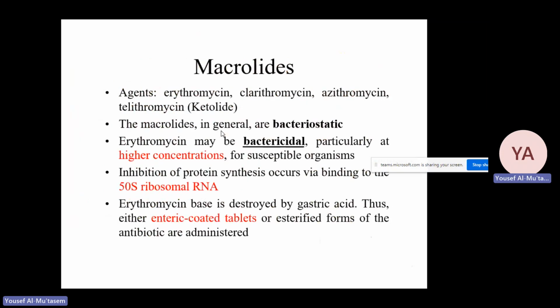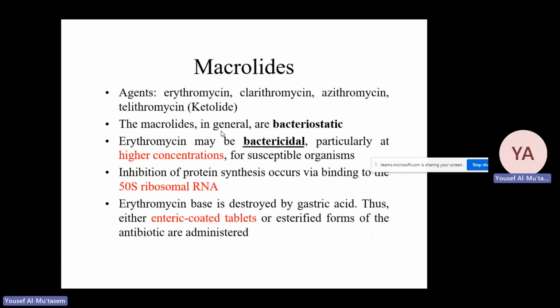Macrolide is also a group that affects protein synthesis, mainly at the 50S site of the ribosomal complex. At low doses, they are bacteriostatic, and at higher doses, they are bactericidal. Just like the tetracyclines, they have a distinctive broad spectrum activity.